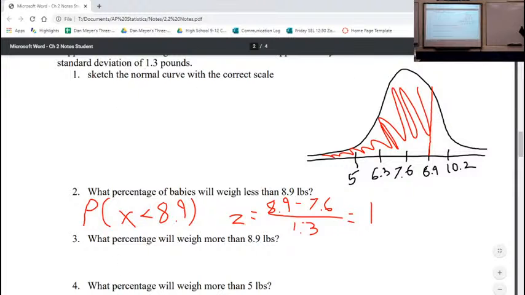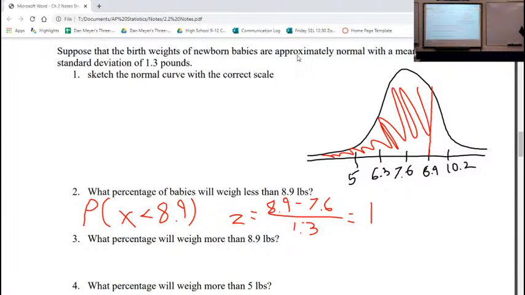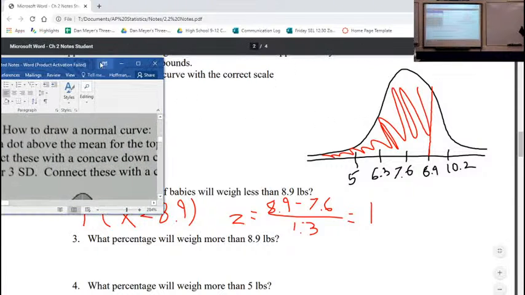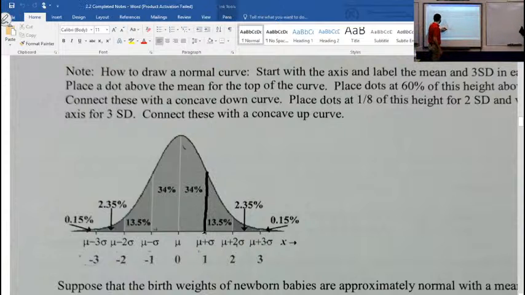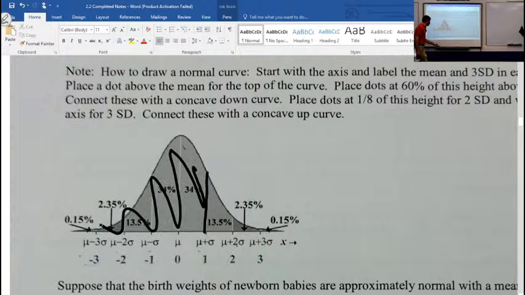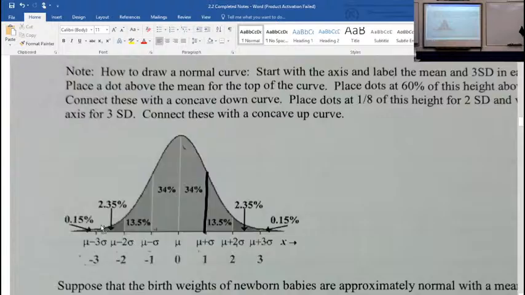So let's look here. We're starting here. We want everything to the left. I will undo that so that you can actually see it.